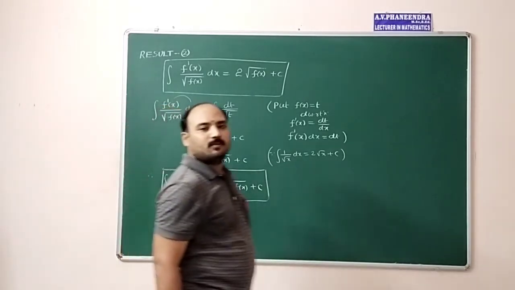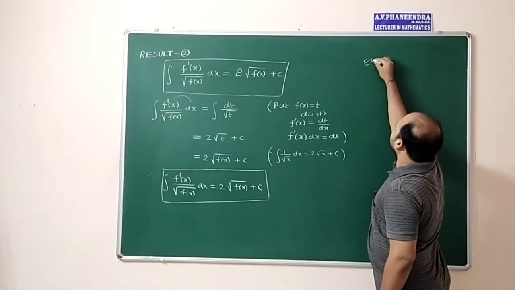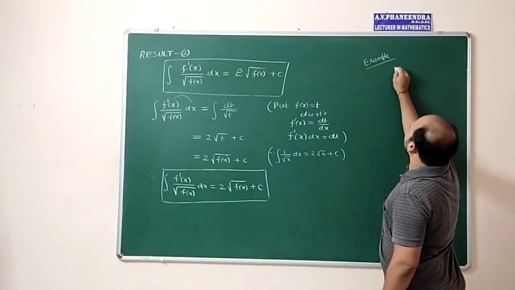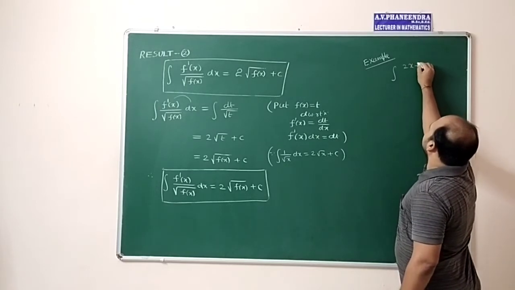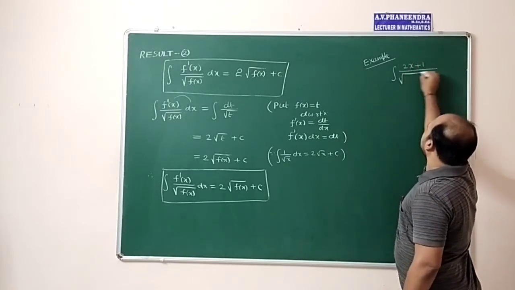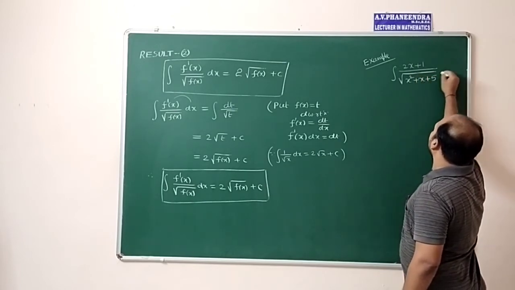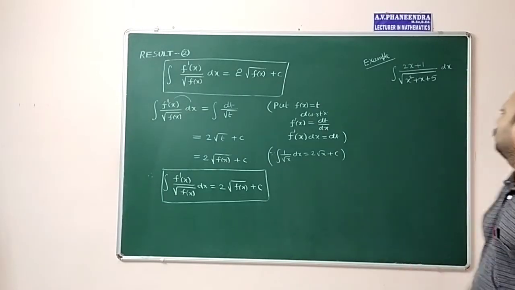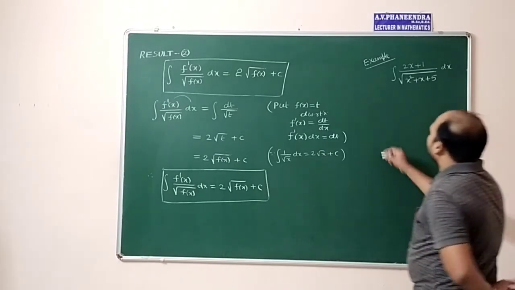And we will take one example based on this. Evaluate integral 2x plus 1 divided by square root of x square plus x plus 5 into dx.